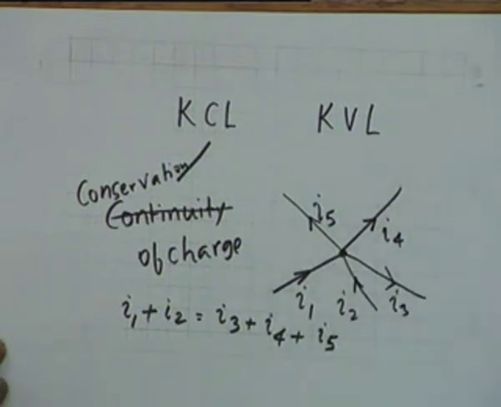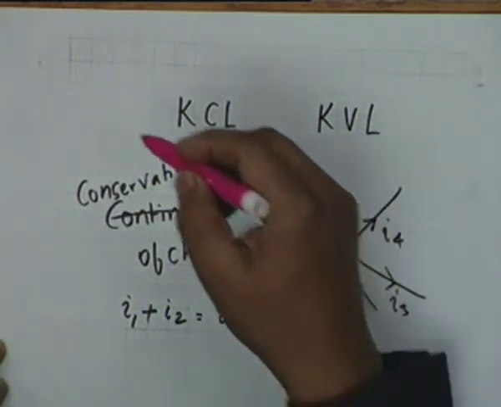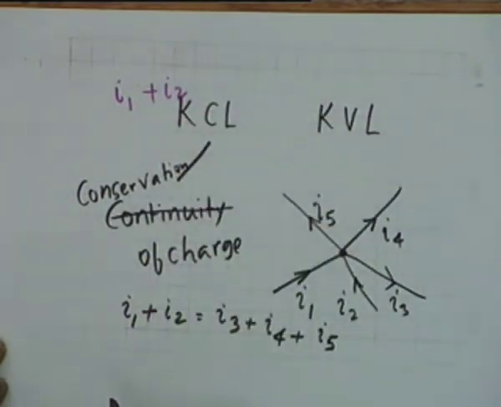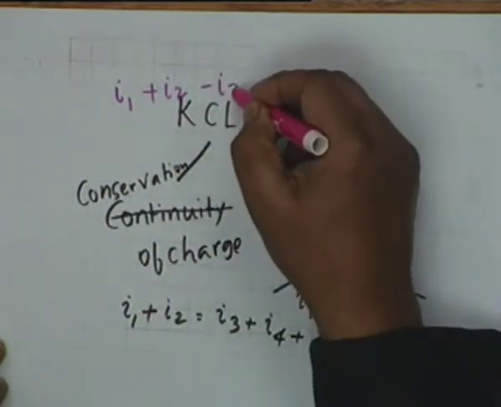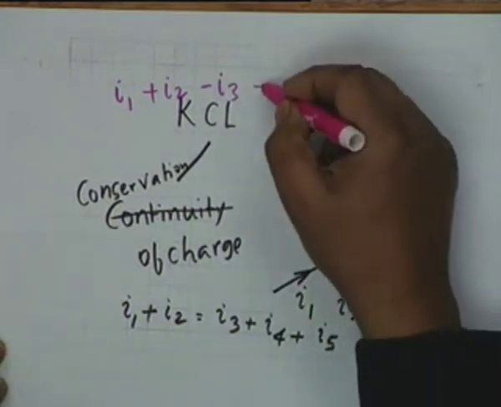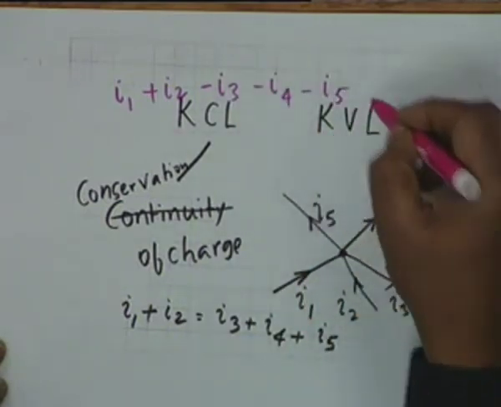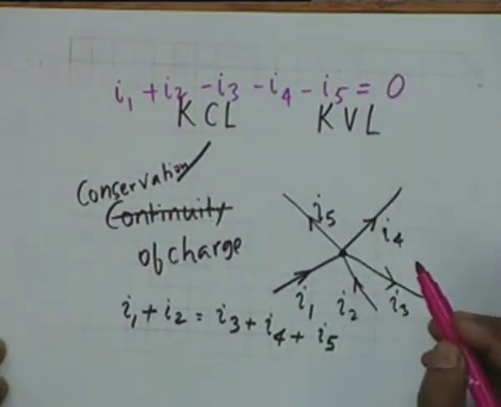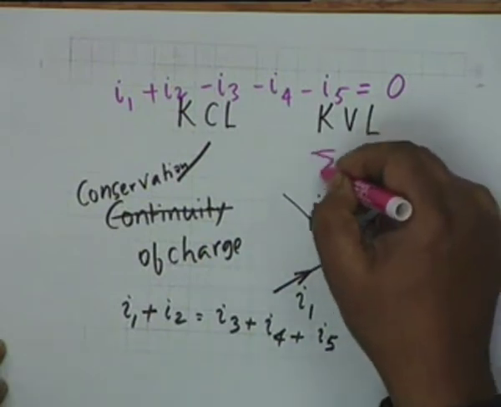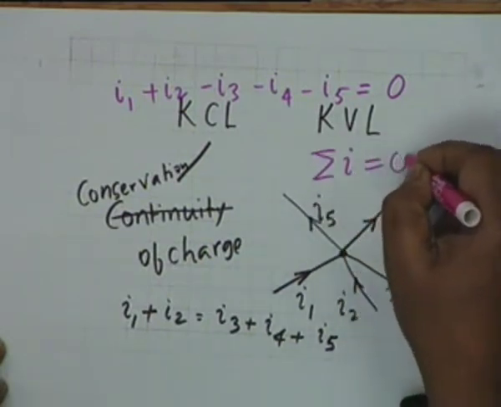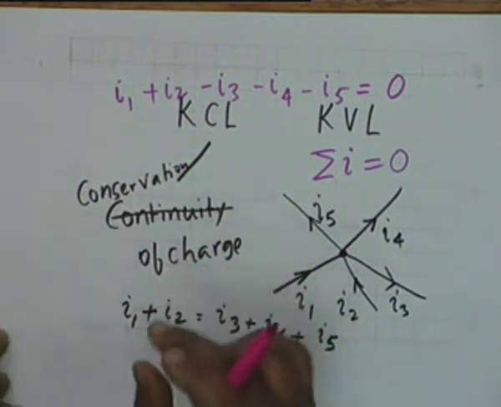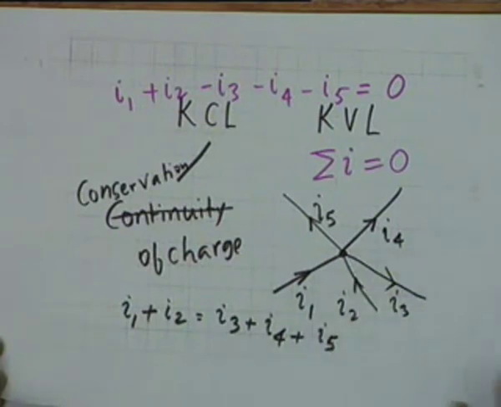So the relation I wrote could also be written as I1 plus I2, both positive, minus I3, minus I4, minus I5, which gives the algebraic sum, equal to 0. Symbolically, we shall simply write sigma I equal to 0, meaning the algebraic sum of the currents at a particular node, and this is an expression of KCL.